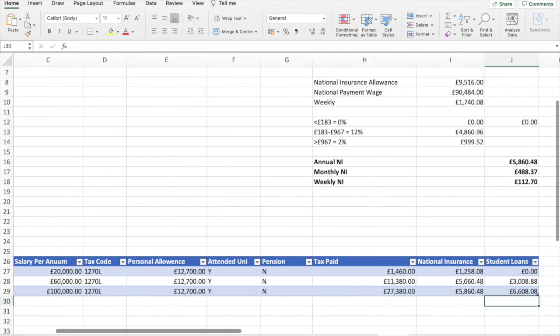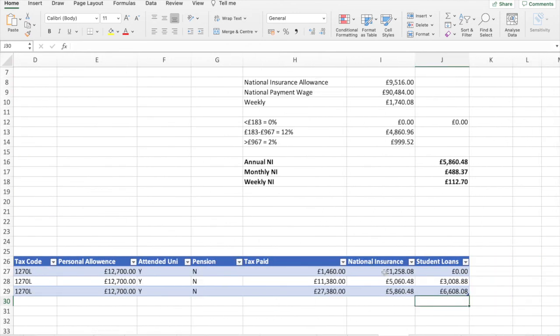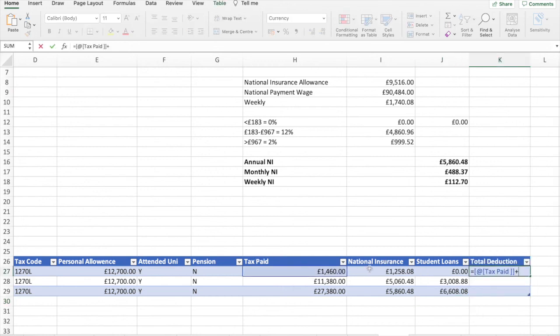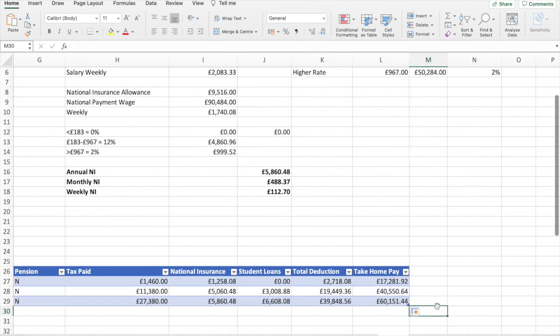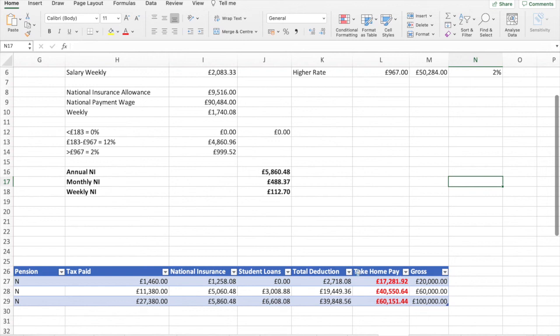So now, guys, we've got the tax paid, the national insurance, and the student loans. So the total deduction would be the tax paid plus the national insurance plus the student loan. As we've got the total deduction of all three people, we can work out their take-home pay. In the final three columns I've taken the total deduction.